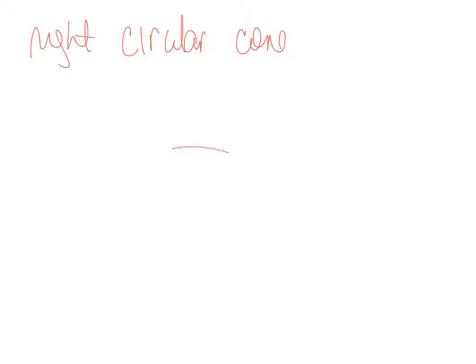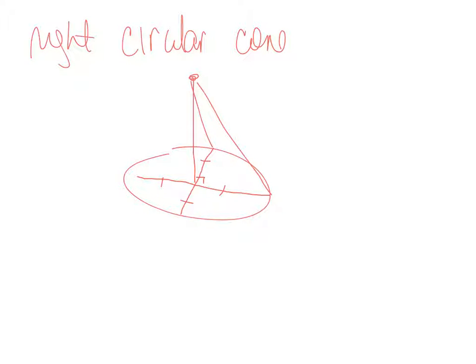How about a right circular cone? So I have a circle. Where do you think the vertex is? The vertex has to come through at a perpendicular spot and through the center of the circle. And then we have all these points that would go up to the vertex from everywhere around the circle. That looks awesome. All right, let's go on.